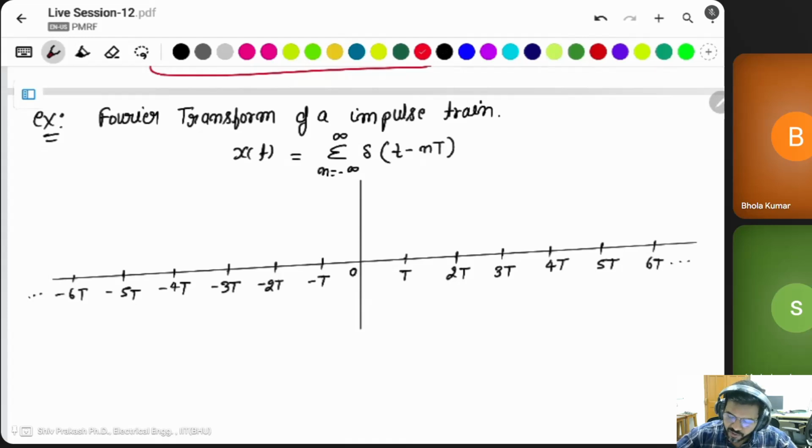The value of the impulse, you know, will be a unit impulse, 1, 1, 1, 1, going to infinity. The impulse train looks like that.